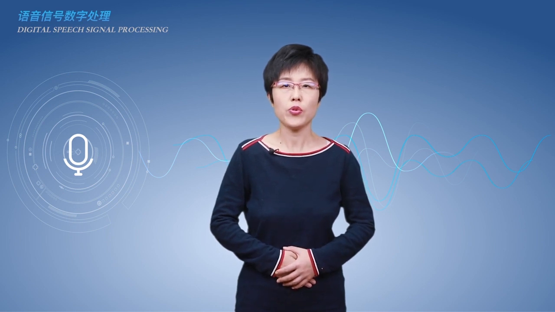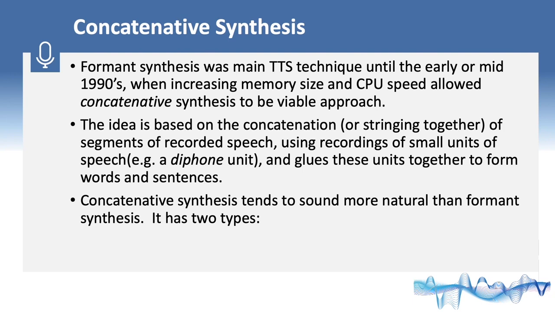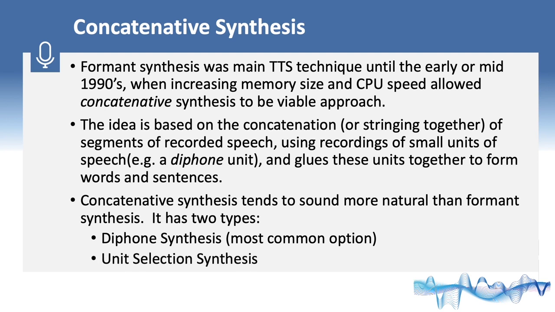At synthesis time, the computer produces the target speech by cutting out segments from the recording and concatenating them according to a certain scheme. There are mainly two types of concatenative synthesis methods: diphone synthesis, which is the most common option, and unit selection synthesis.